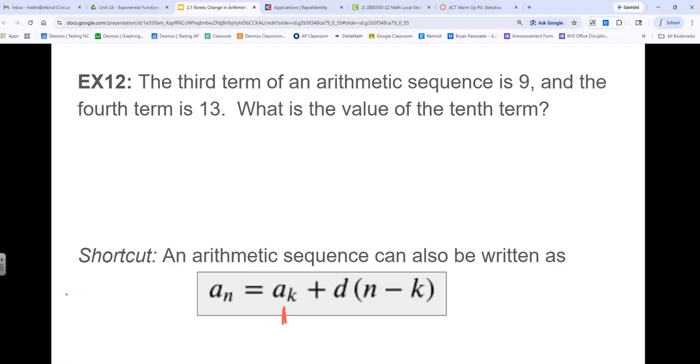So this right here is your known term. And then you've got your common difference, or the number that you're adding each time, times whatever number you're looking for minus whatever term that was, like it was a 4th term in this particular case. So this rule will work every time. It'll be a nice shortcut for when you're asked to find terms that are really high.